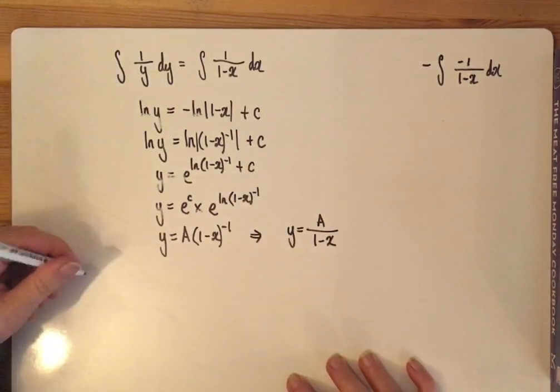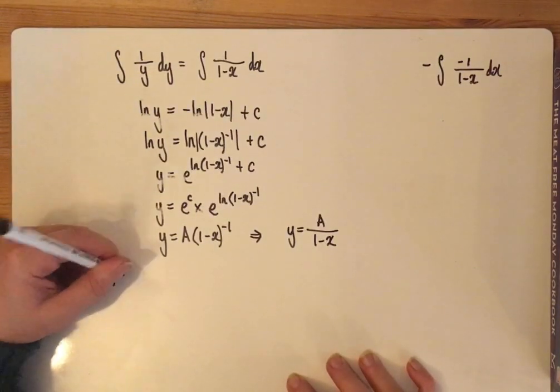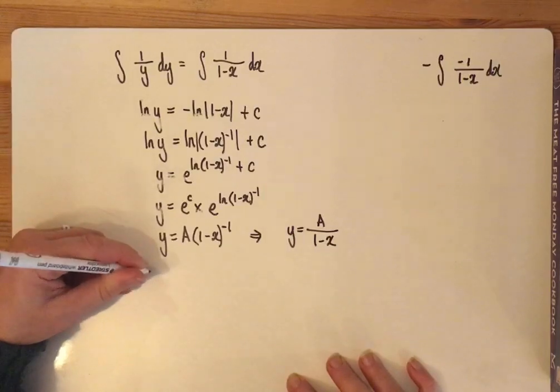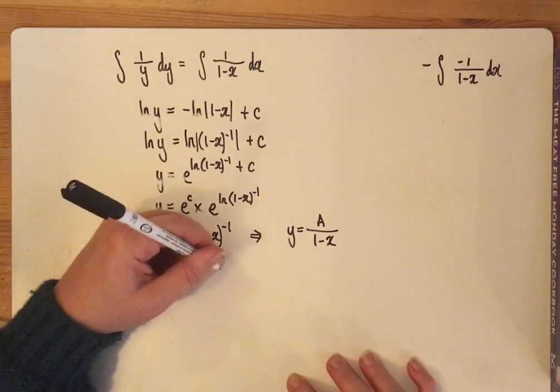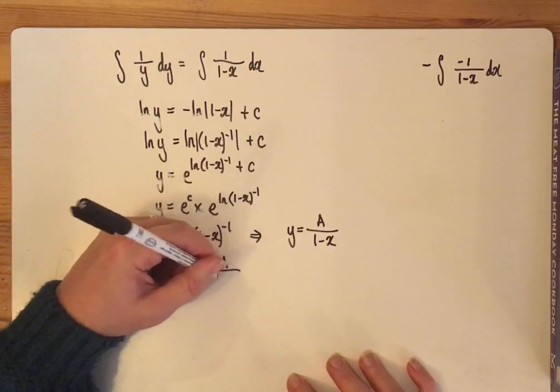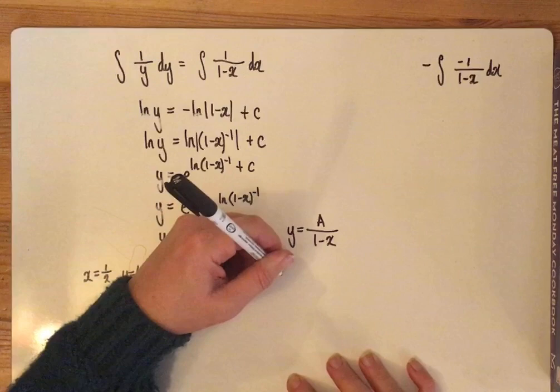And then we know that when x equals a half, y is equal to 6. And so 6 is equal to A over 1 minus a half, and so A is equal to 3.